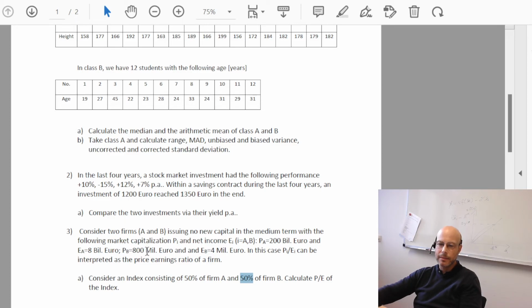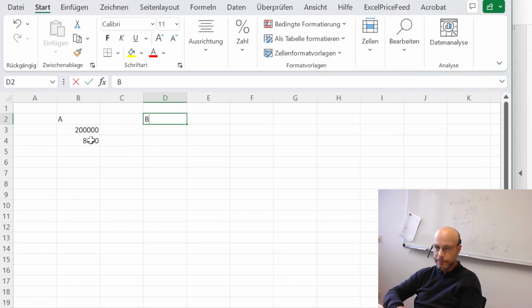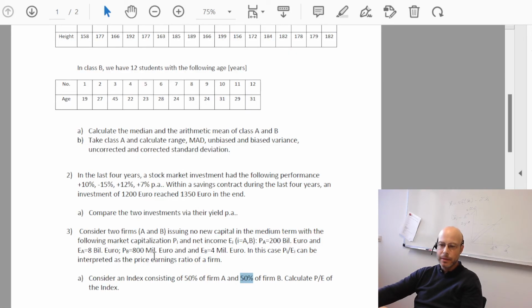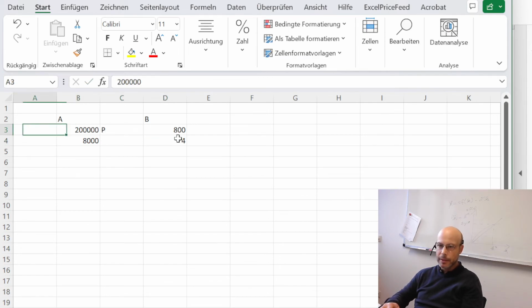So we have 200 and 8 for firm A, and firm B would be 800 and 4. This was market capitalization and this net income.